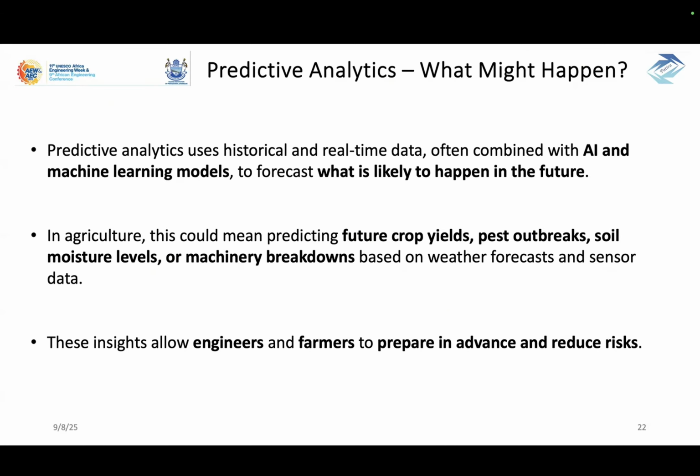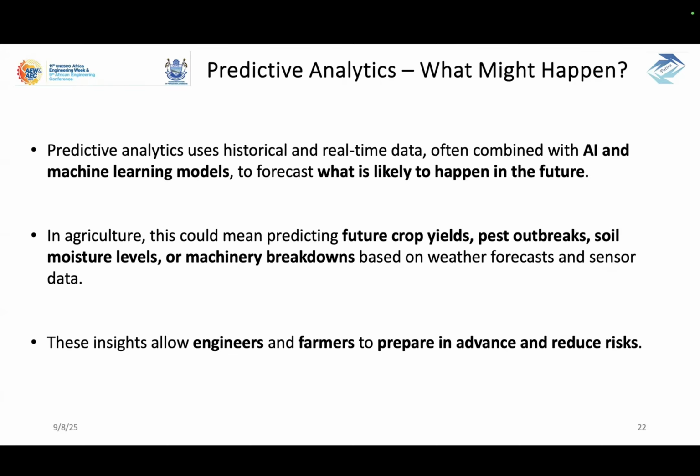Crop yield: the last few years you were doing well, and then this year something happened. So that's your record. You don't have to wait for it to happen again. With the historical data, you build your AI model. So maybe at the beginning of every season, you use the algorithm to see what might happen.